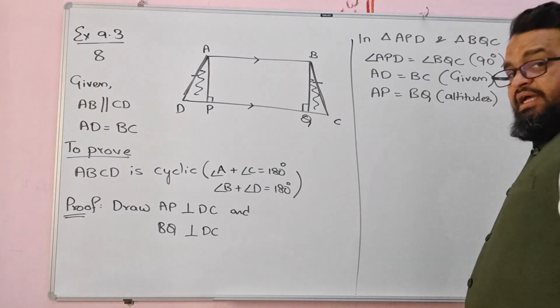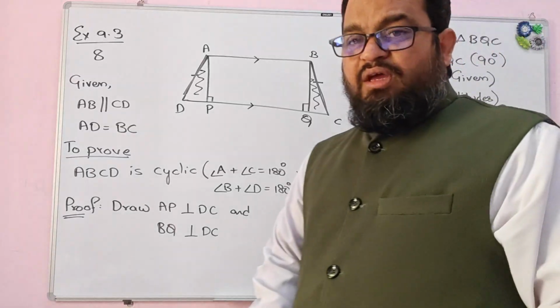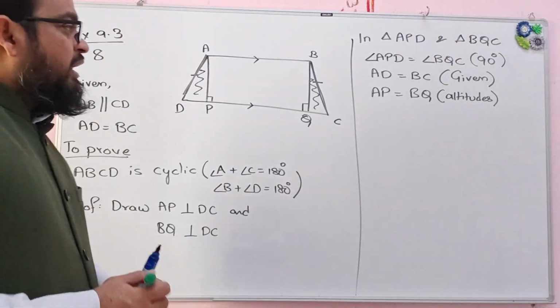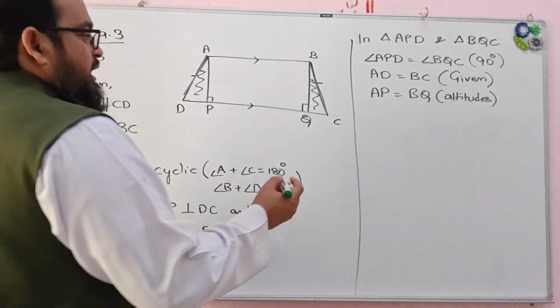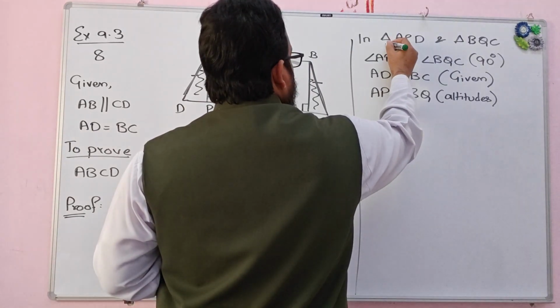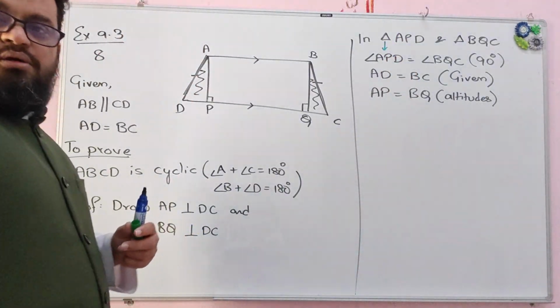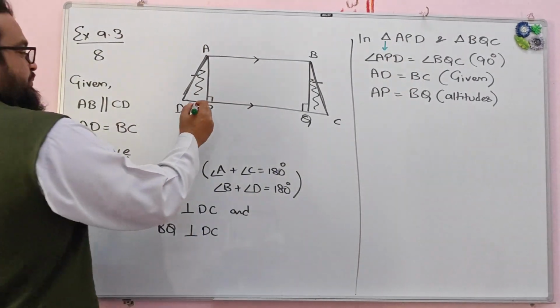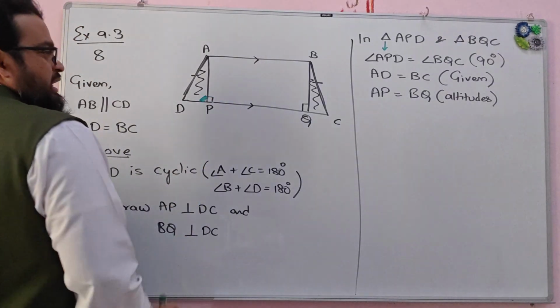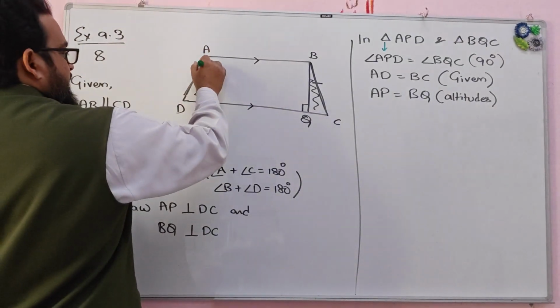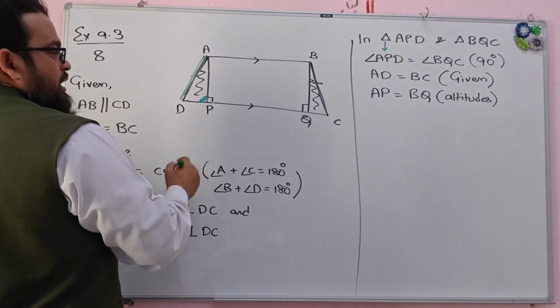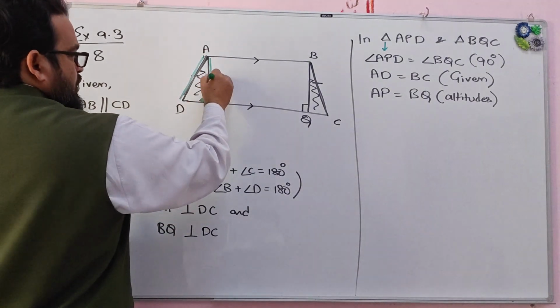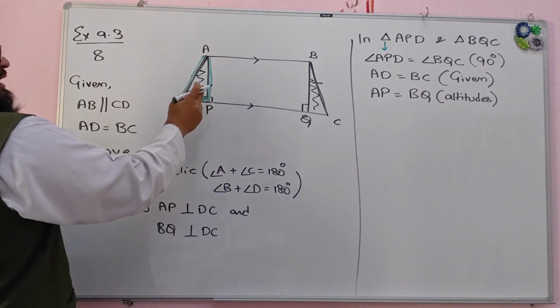Altitudes, they are same. Now, since we have equated three parts, try to find out the congruency by taking parts of one triangle. Okay, so APD is this one, this is 90 degrees, and AD is this side, and AP. What is this? Can we take side angle side?